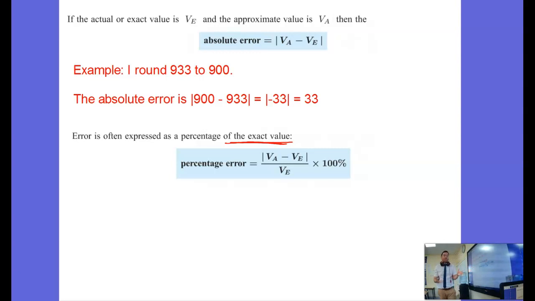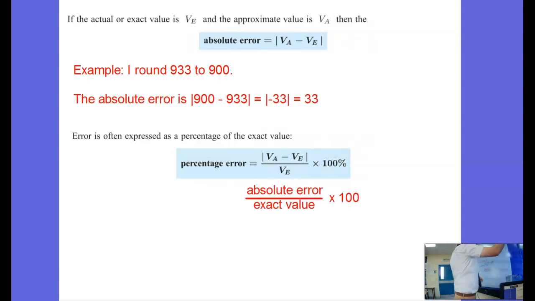So when we're finding the percentage error, we take the absolute error, that's the top part, that calculation we already did. It looks complicated, but just find the difference between the rounded value and the exact value, and then divide it by the exact value on the bottom. And change it to a percentage, times by 100. So you can say it's the absolute error divided by the exact value times 100.